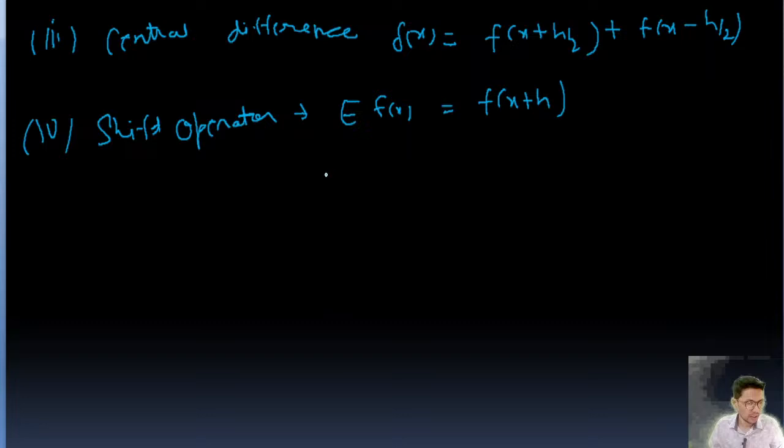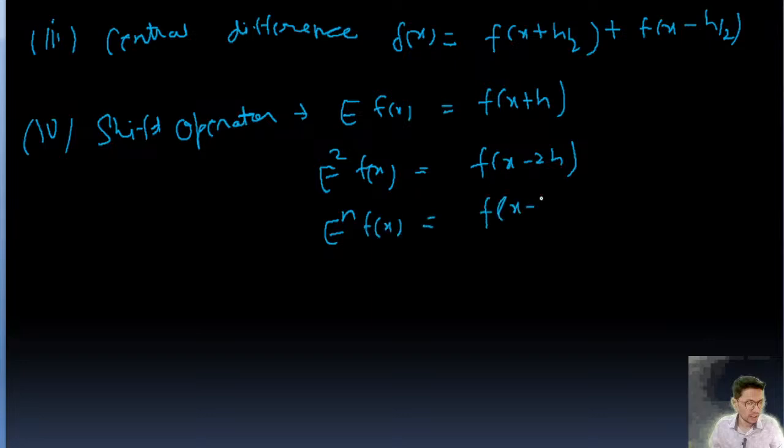Similarly, E square f(x) is going to be f(x plus 2h), and similarly E^n f(x) is going to be f(x plus nh).